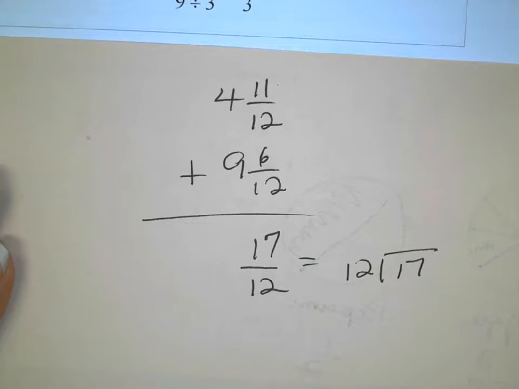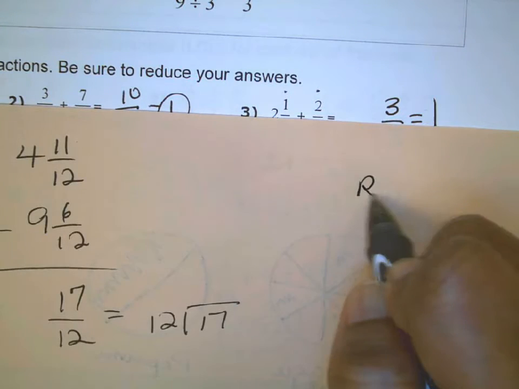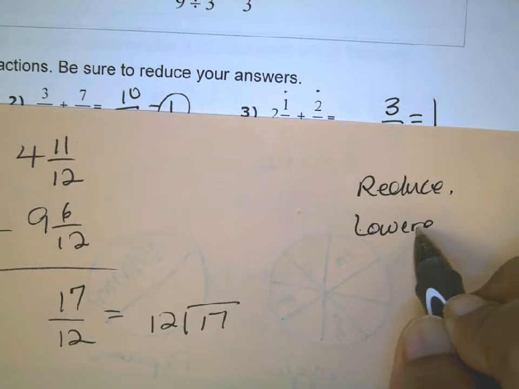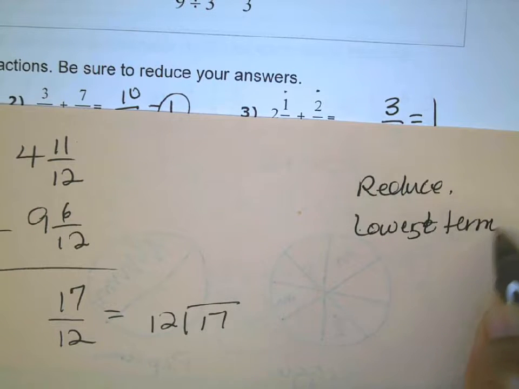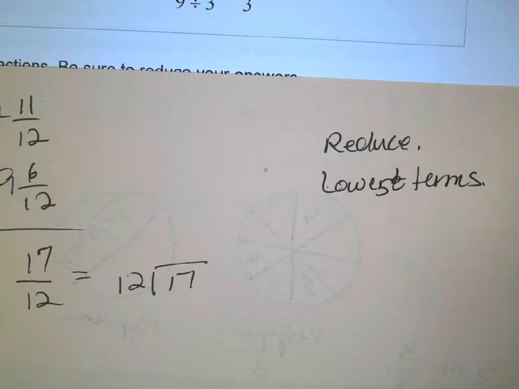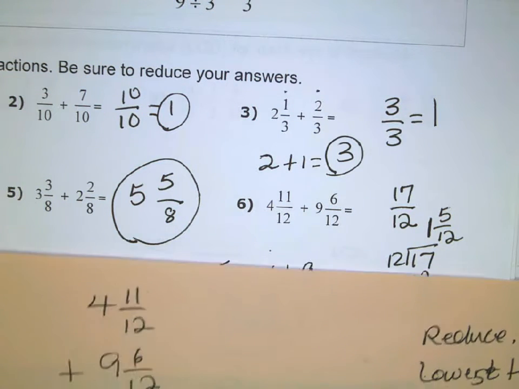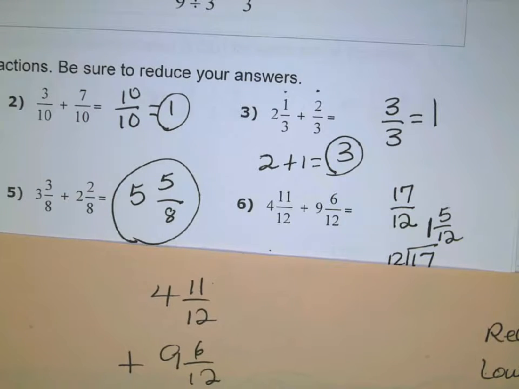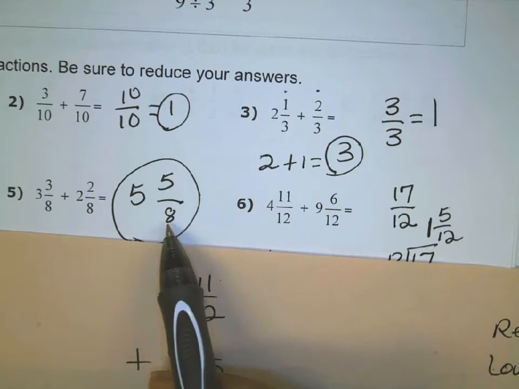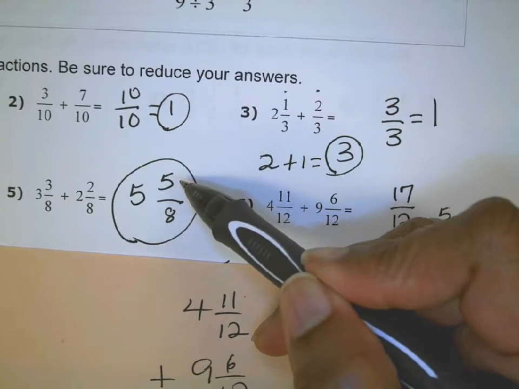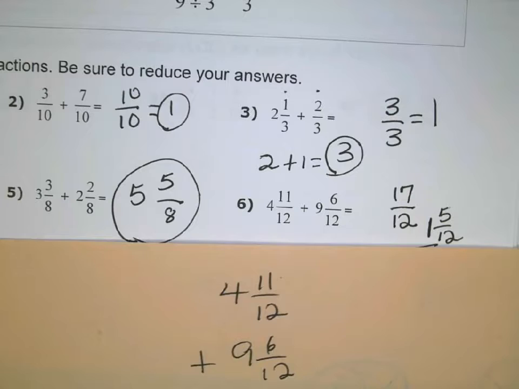Isn't 17/12 an improper fraction? Anytime you are told to reduce lowest terms, that 5/8, you don't need to. You have a proper fraction. You need to go back to the definitions of your fractions. When the numerator is smaller than the denominator, I have a proper fraction.